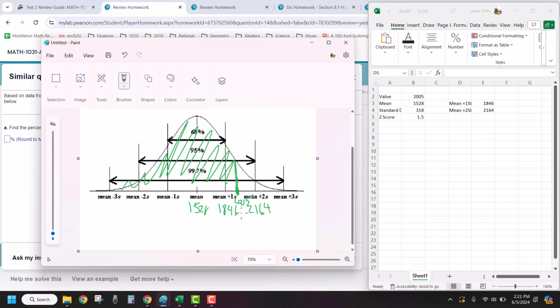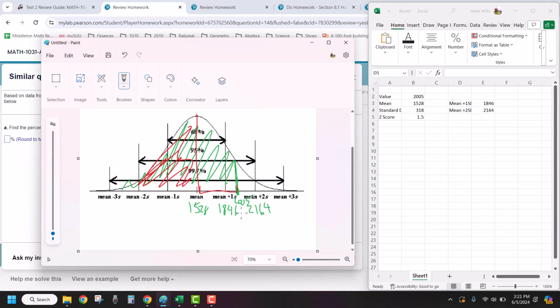So we could estimate this if we wanted to. We definitely know that the percentage should be more than 50% because this mean is halfway. So just this amount of the histogram is 50%. And this amount is still a pretty good chunk.